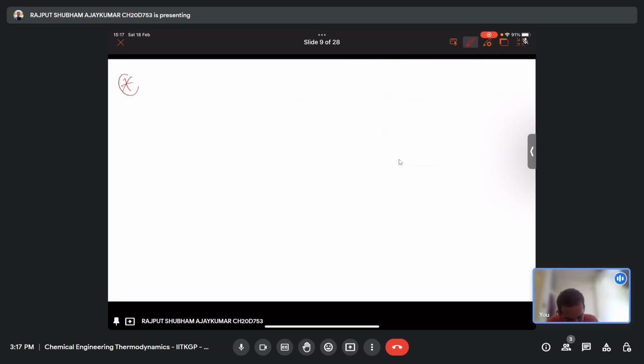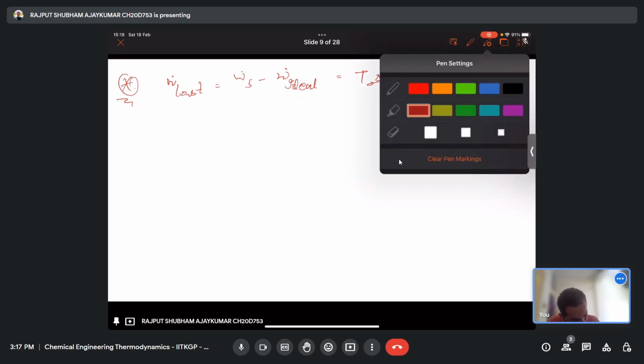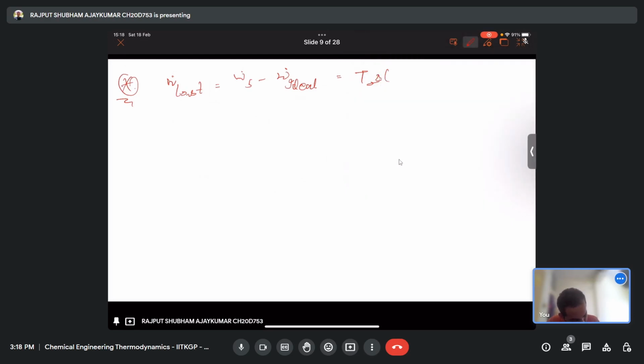Okay, so this is another point, and one other point, the work. If I want to write the work lost, that is the work done and the work lost: work lost, W lost equals W_s minus W ideal, equal to T sigma, delta (n dot S) minus Q dot.